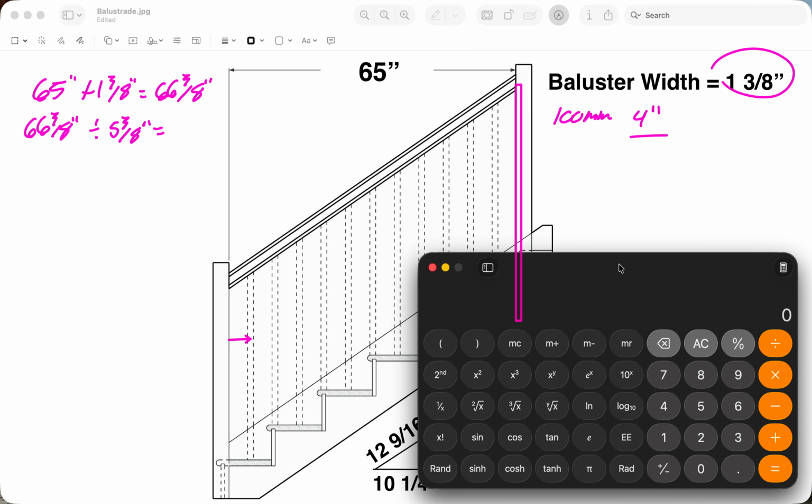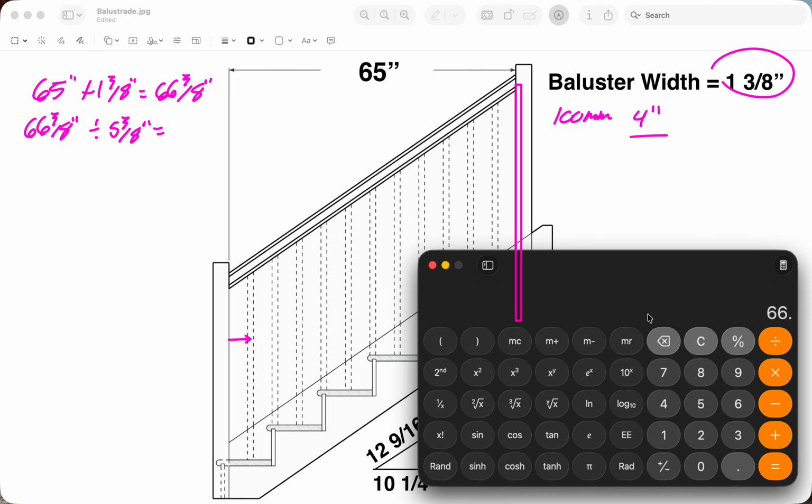I'll show you what that looks like. We have 66.375 divided by 5.375. That means we get 12.35 spaces. We can't have that, because with 0.35 of a space we're going to end up with 2 inches or so as our final space.